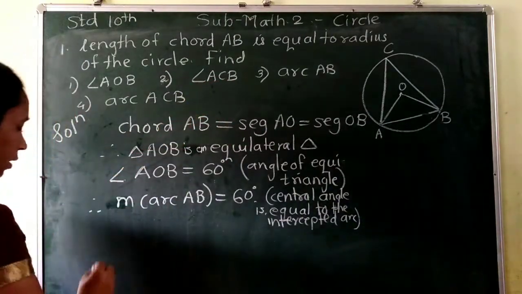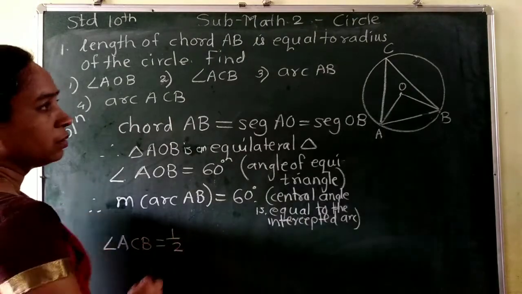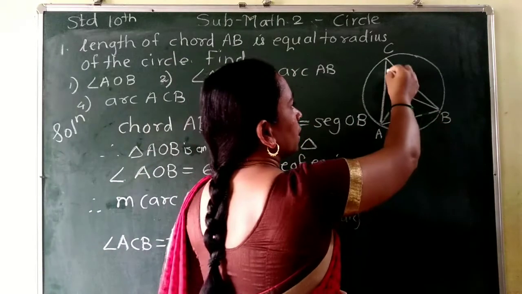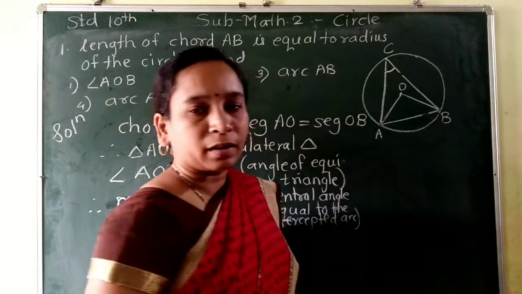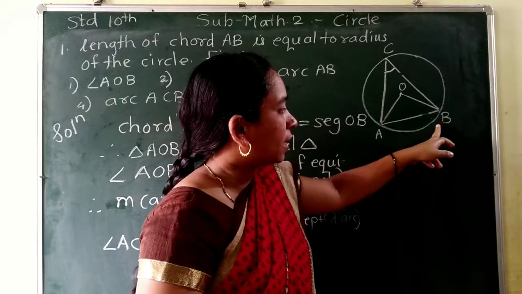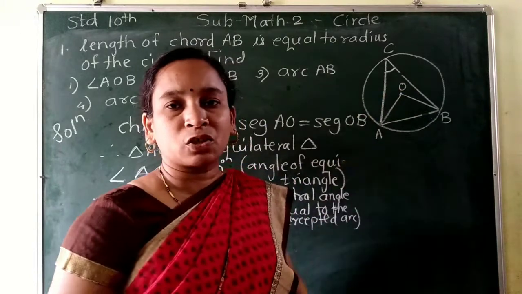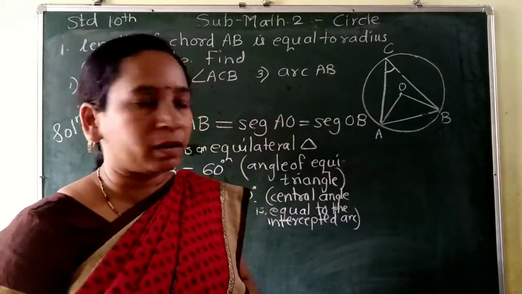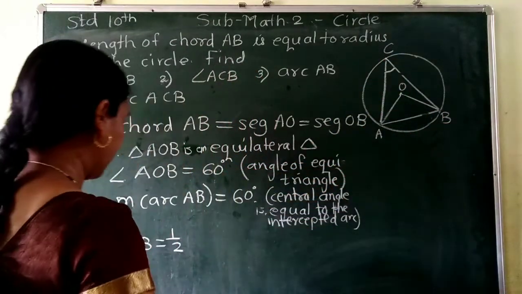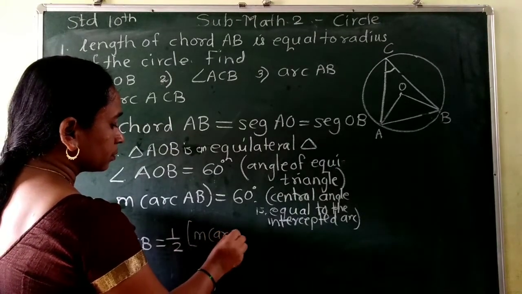We'll find out the angle ACB. Angle ACB is half of the intercepted arc. Means angle ACB, this angle, is an inscribed angle. And what is the arc intercepted by this inscribed angle? The arc AB is intercepted by this inscribed angle. So we know the inscribed angle theorem says that the angle ACB is half of the measure of arc AB.